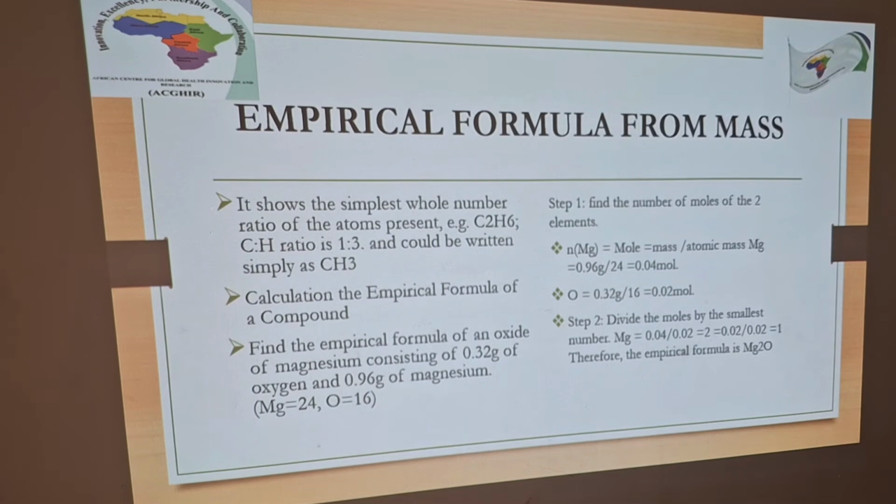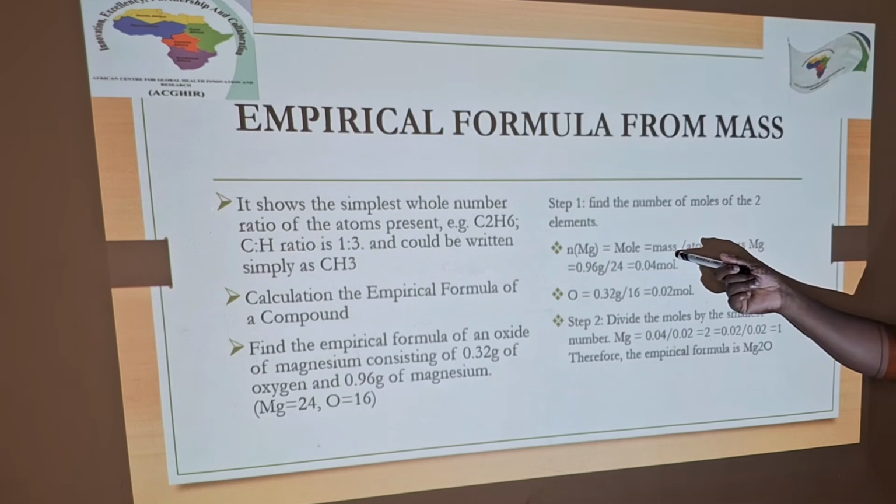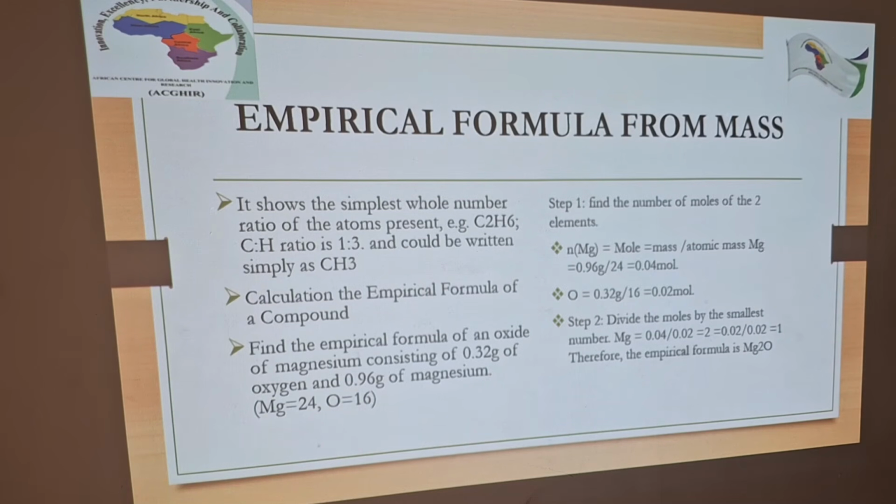Since we are given that there is 0.32 grams of oxygen and 0.96 grams of magnesium, the number of moles for magnesium is going to be equal to the mass of magnesium divided by the atomic mass of magnesium.